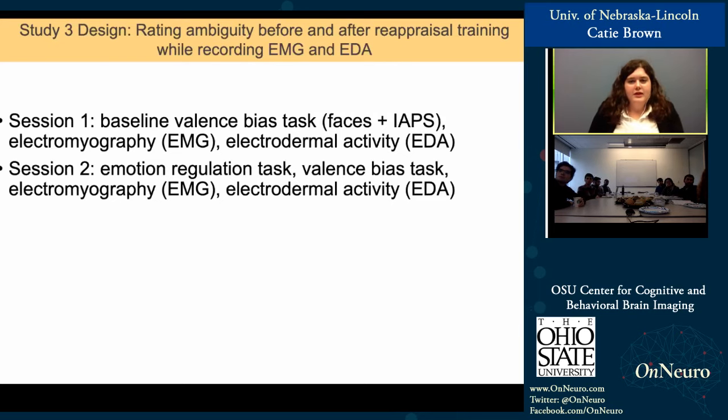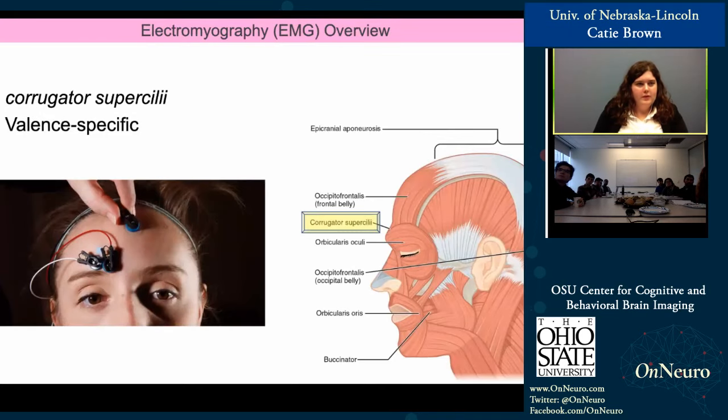So now I will diverge a bit and talk more about exactly what these two measures buy us. So the EMG electrodes, the ones placed here, measure the face's muscle activity at a specific location, in this case the corrugator. And we specifically measured this muscle because it contracts in response to negative affect and relaxes in response to positive affect.